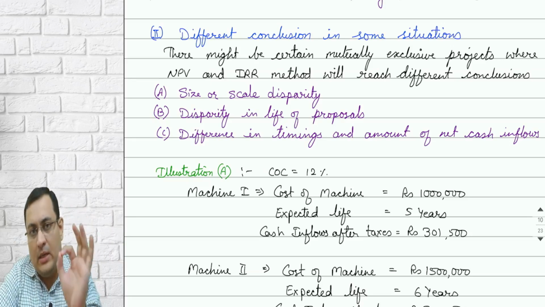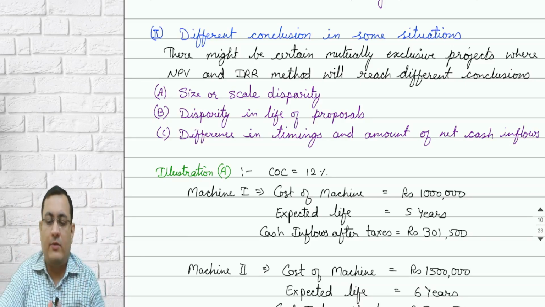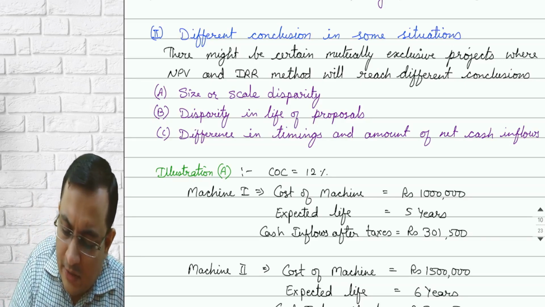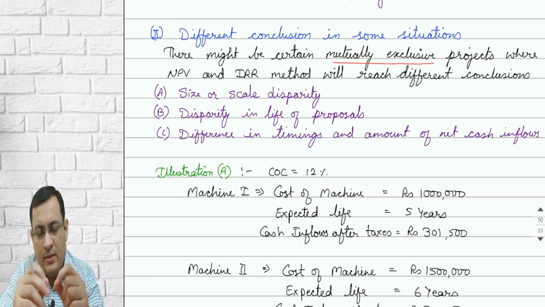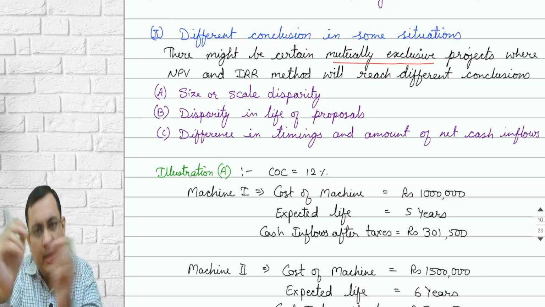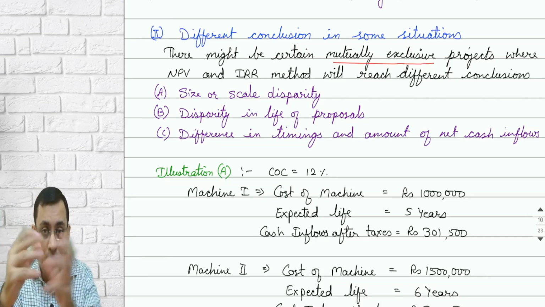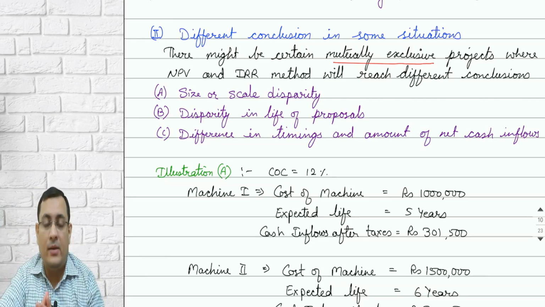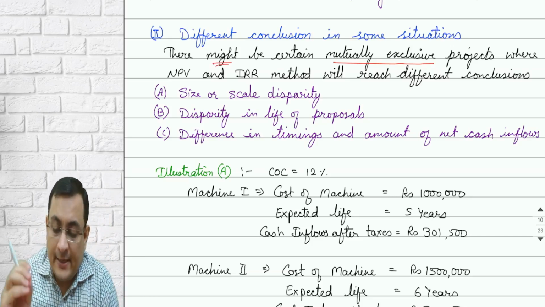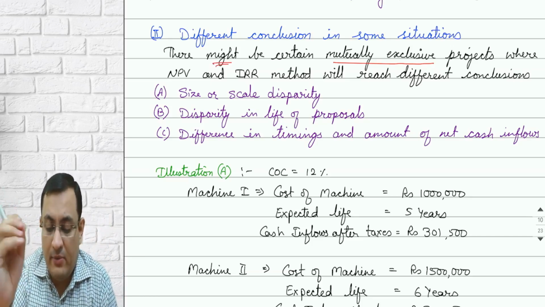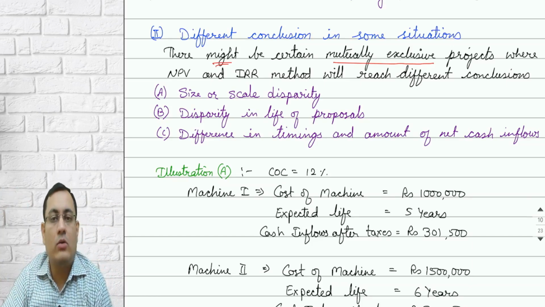Only in the case of multiple projects with a mutually exclusive condition, and even in that scenario, only in a few situations where the numbers follow a certain pattern, NPV and IRR may reach different conclusions.